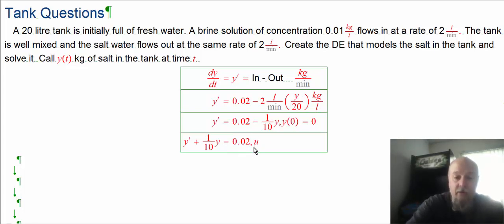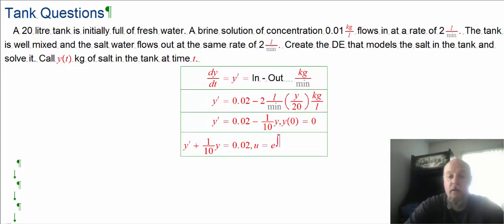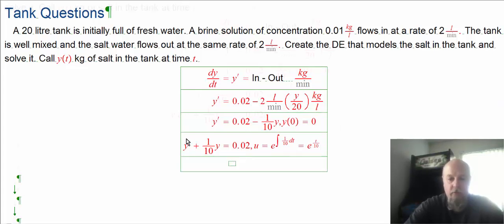I need an integrating factor. So the integrating factor is going to be e to the integral of P, t over 10. That's my integrating factor, and I'm going to multiply it through all three sides of this equation. So let's do this first.